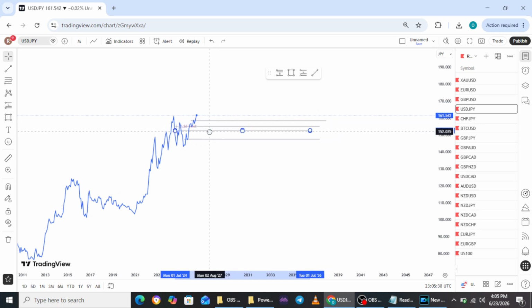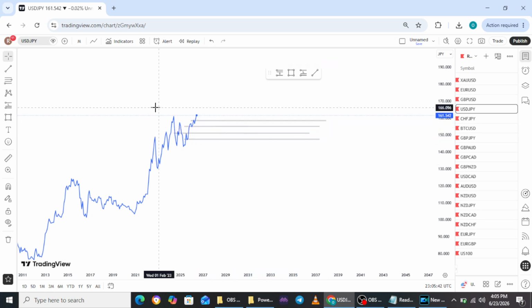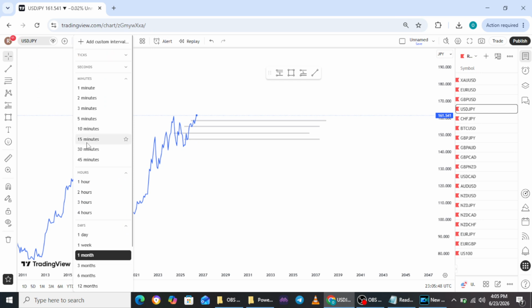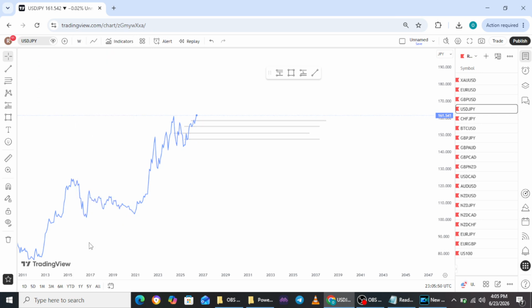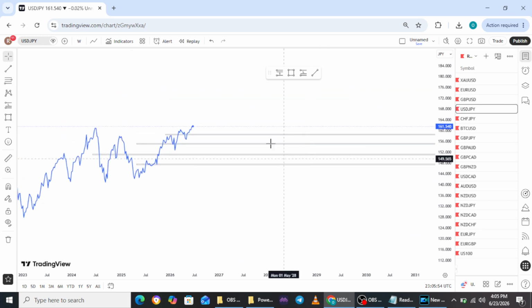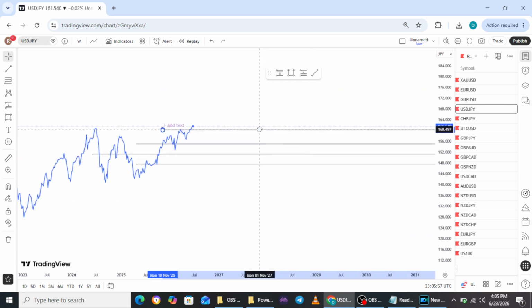Okay. Once you have done this, you can go to the weekly time frame to actually make some adjustments or add more structure. Okay, I think I can add this.